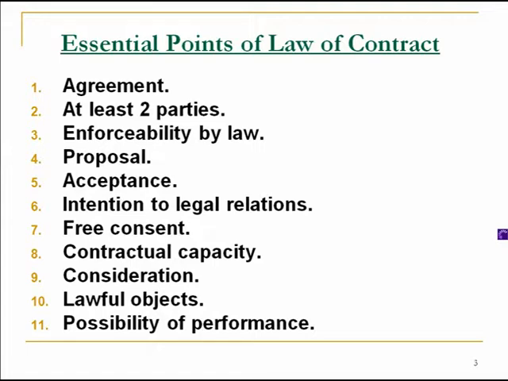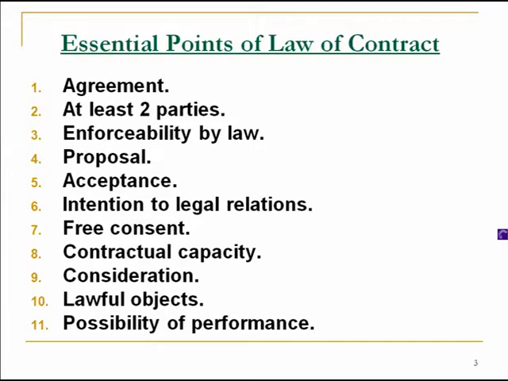In ordinary words, if you are making some deal with other people and you want to bind that deal, then definitely you require some help from a judicial person, and that help is only possible when some law is available. In India, that law is known as the Indian Law of Contract, which came into force on 1st September 1872. So for a contract we require some essential points.